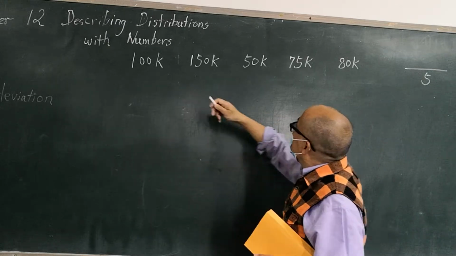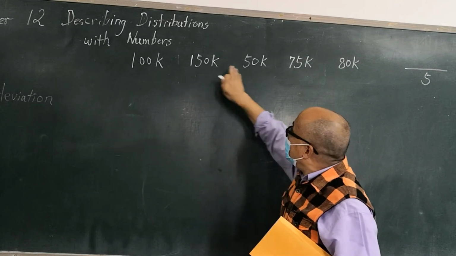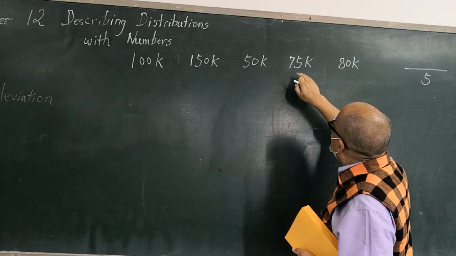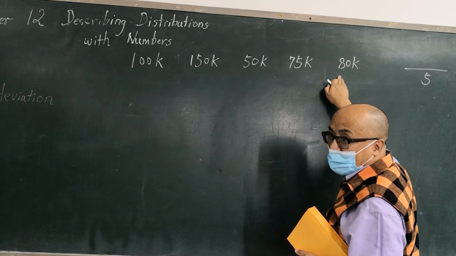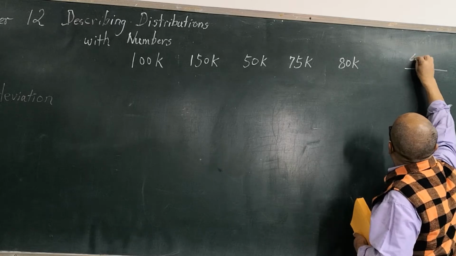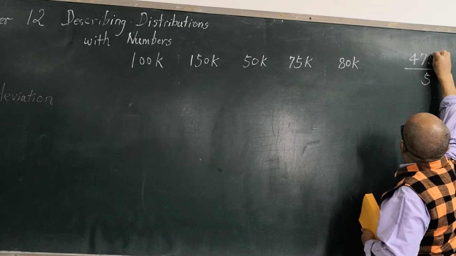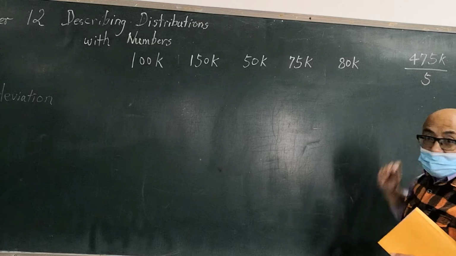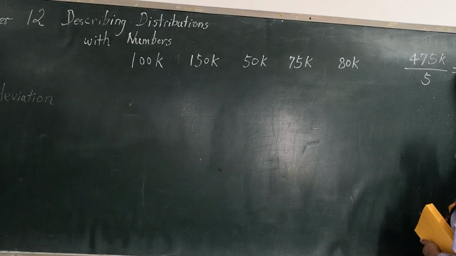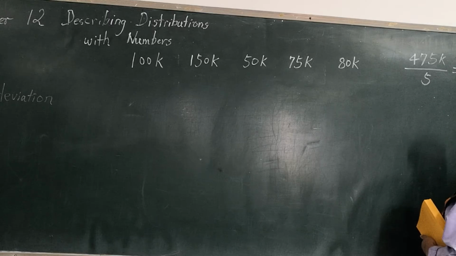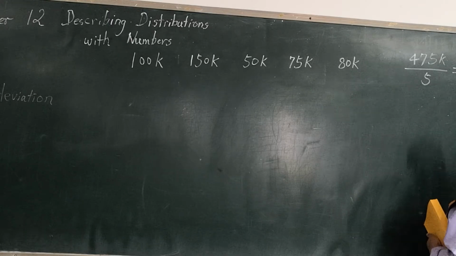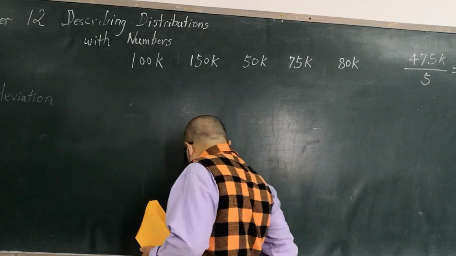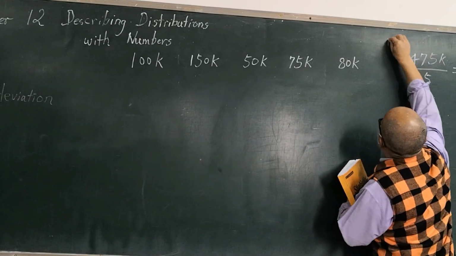Let's add. 150 plus 50 is 200. Plus 100 is 300. 300 plus 175 gives 475K. And divided by 5, what's the number? 95K. This is the mean.